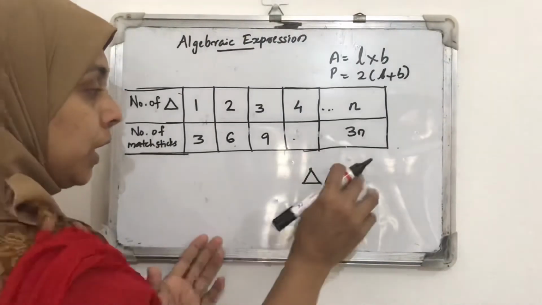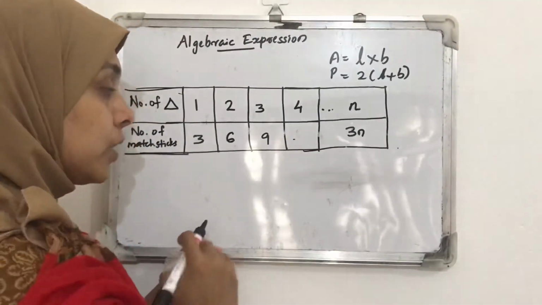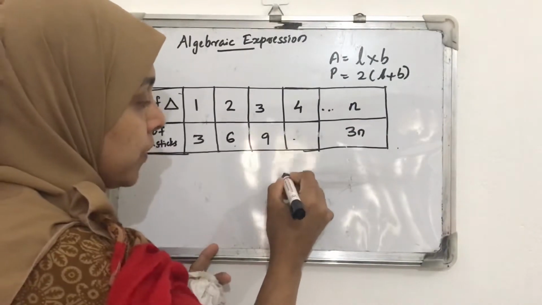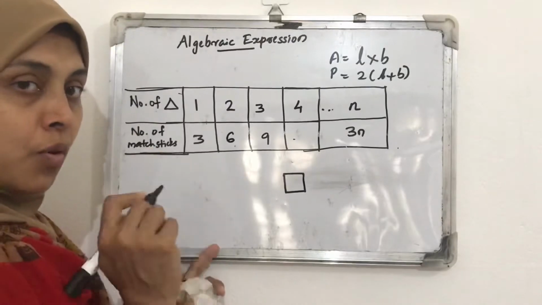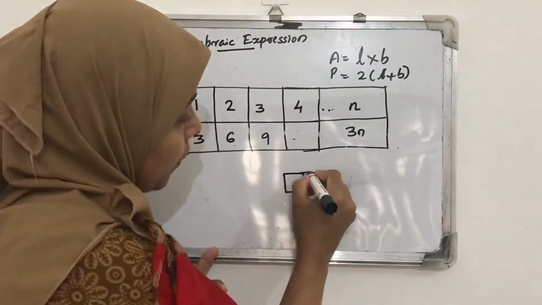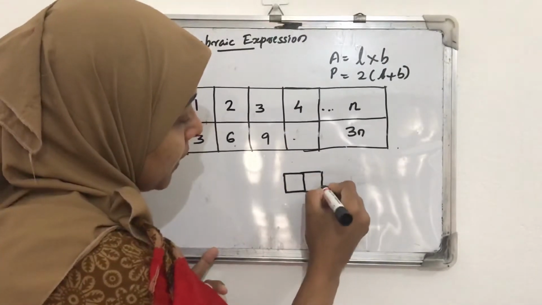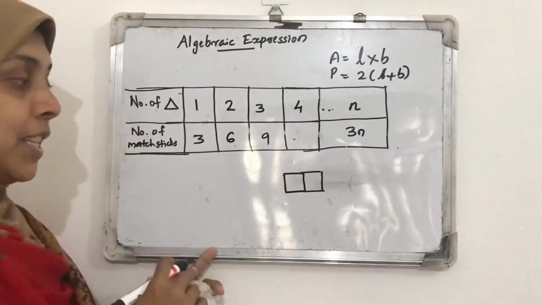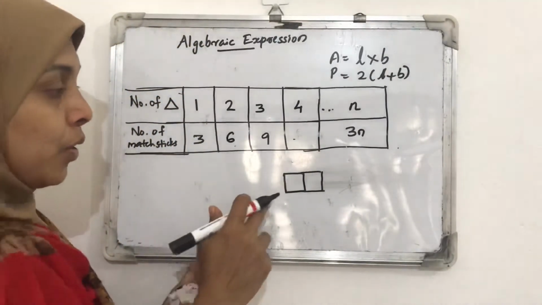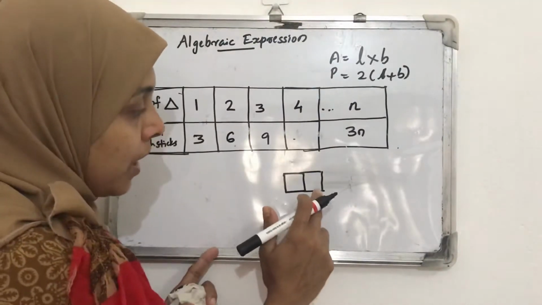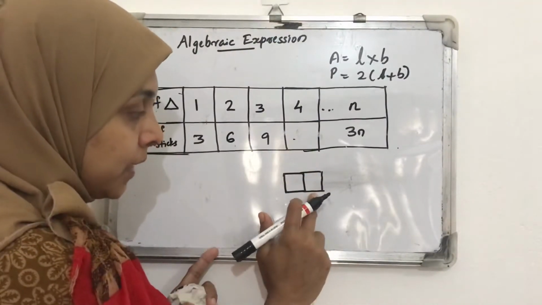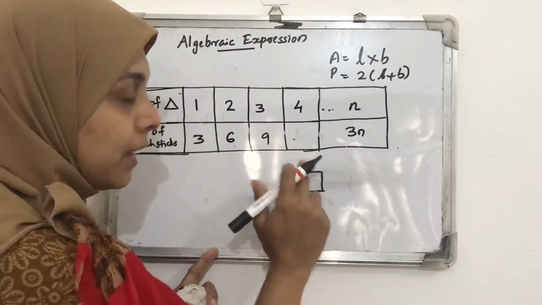Now suppose we are making squares like this. For the first square we use 4 matchsticks. Now if we draw the next square like this, how many matchsticks do we use here? Not 8. First 4, then how many did we add? 5, 6, 7.